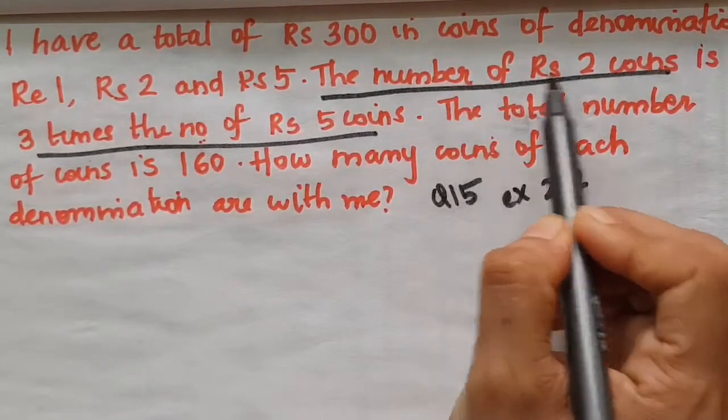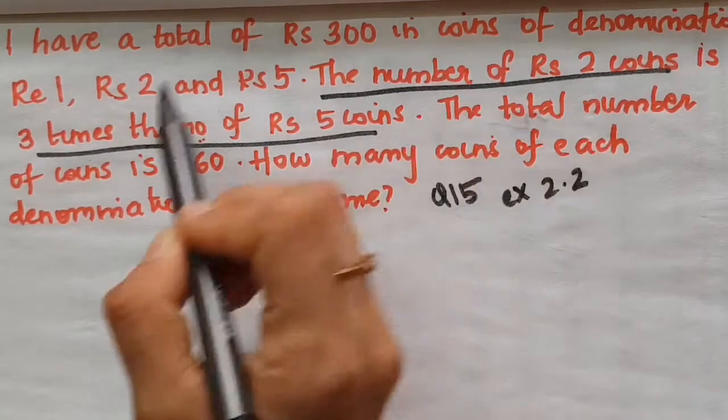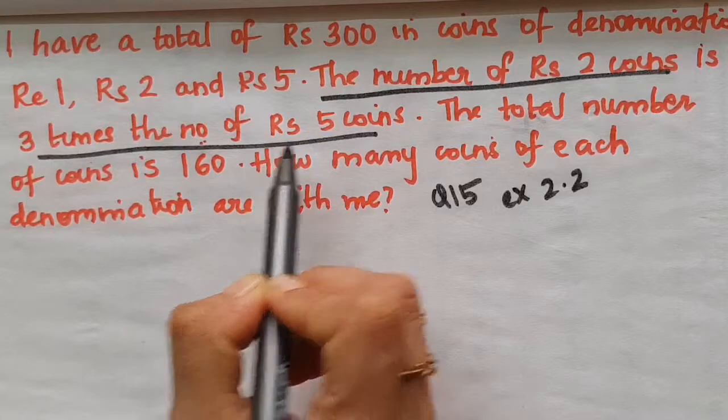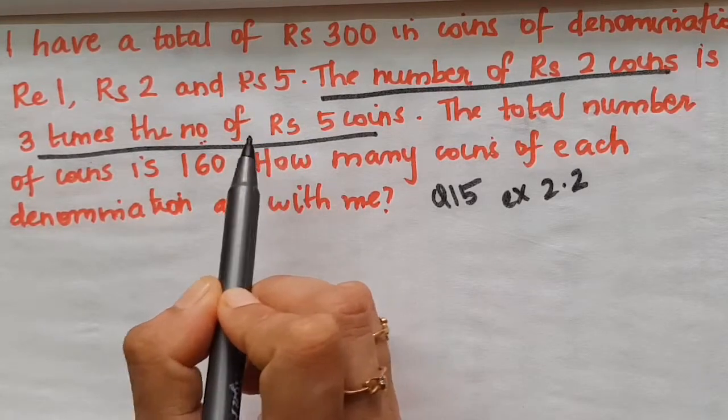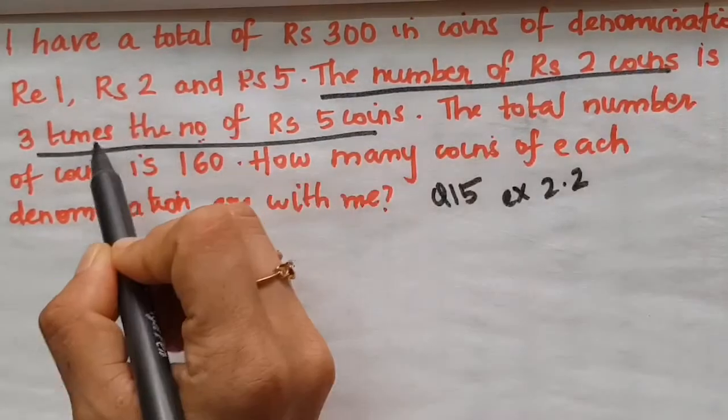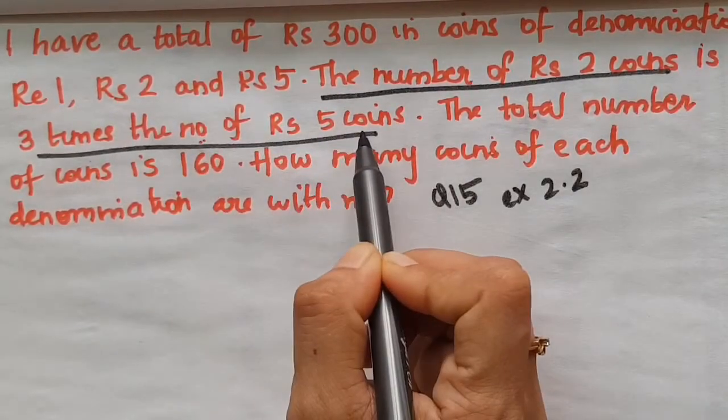So it is said that the number of rupees 2 coins is 3 times the number of rupees 5 coins. So which term will you take as x? Which coins will you take as x? The number of rupees 2 coins is 3 times the number of rupees 5 coins.